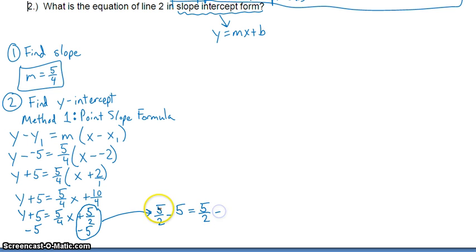The common denominator between 5/2 and 5 is 2. Well, really, this is 5/1, so I need to turn 5/1 into something over 2. Well, I multiplied the denominator by 2. I better multiply the numerator by 2. 5/2 minus 10/2 is going to be 5 minus 10, subtract my numerators, keep my denominator the same, which is -5/2.